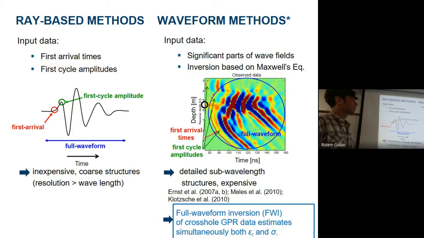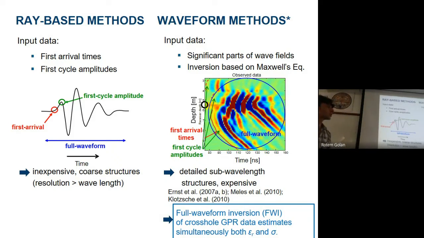What we see here is all the waveforms that are measured at the receiver at all depths from a single transmitter in that location. And in the full waveform inversion, we try to simulate exactly all this data in order to get the parameter models of the plane.